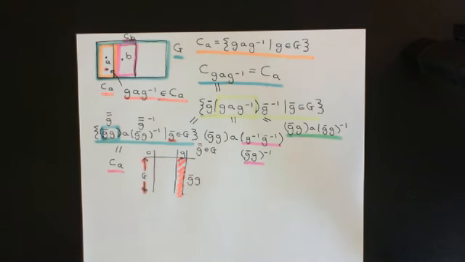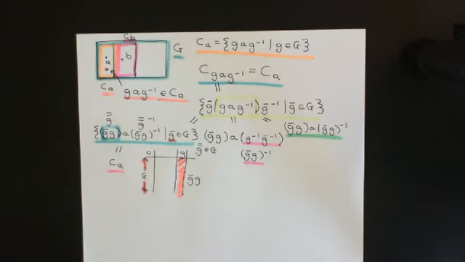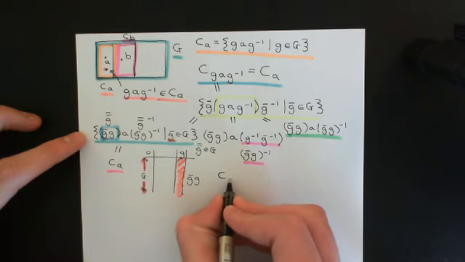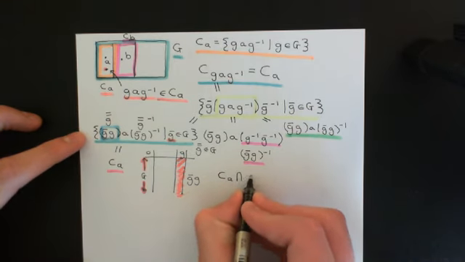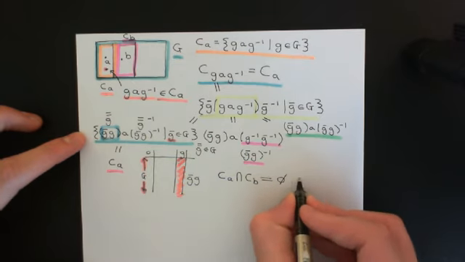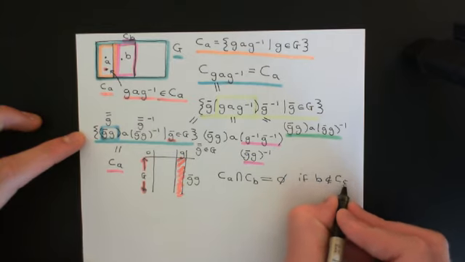And my next theorem, I feel like saying my next trick, is to show that the conjugacy class of a and the conjugacy class of b are completely disjoint. So what I now want to show is that the conjugacy class of a intersected with the conjugacy class of b is equal to the empty set if little b was not an element of the conjugacy class of little a.